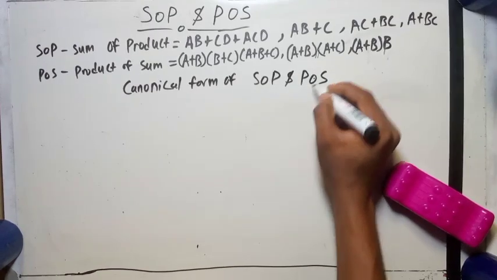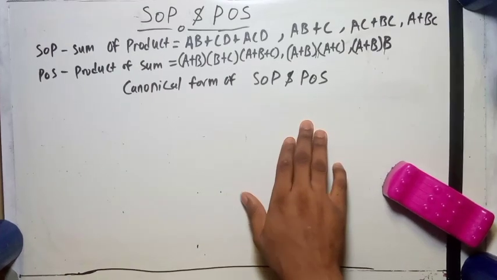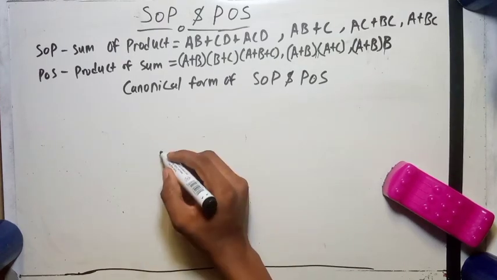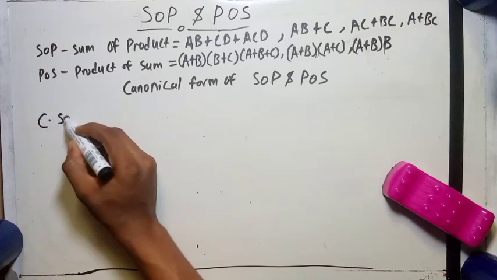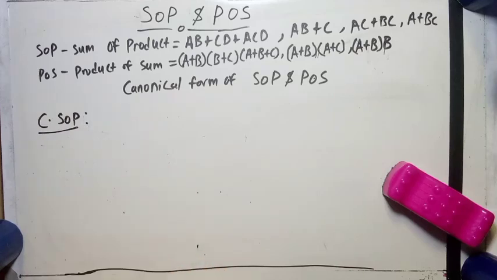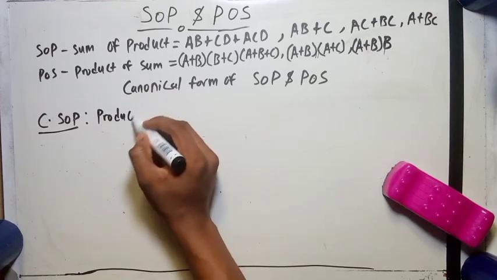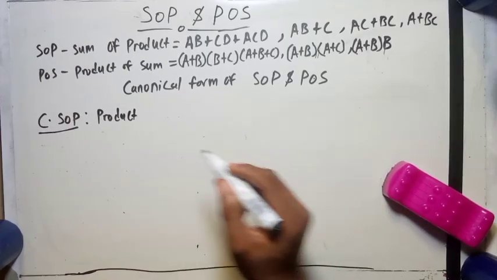Our canonical form, what it simply means is, if we are doing our canonical SOP, which is what I'm going to be talking about, our aim here is to make sure that each product should have the complete variables in the whole expression.